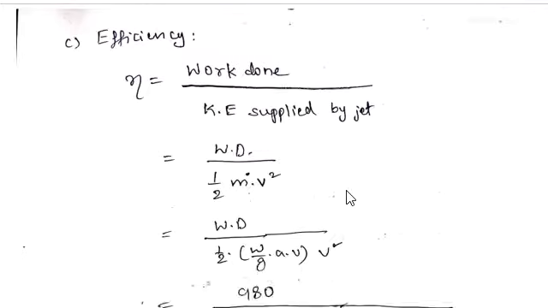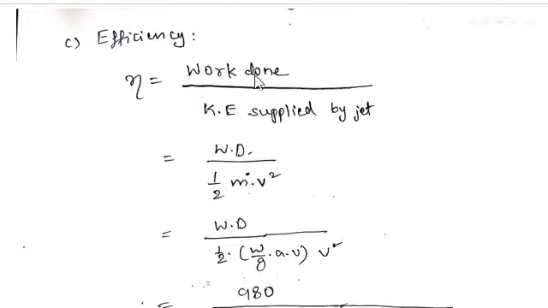And next, we require the efficiency of the jet. In the second case, efficiency we generally write as output by input. Output from the jet means the work done, and input means the kinetic energy supplied by the jet.